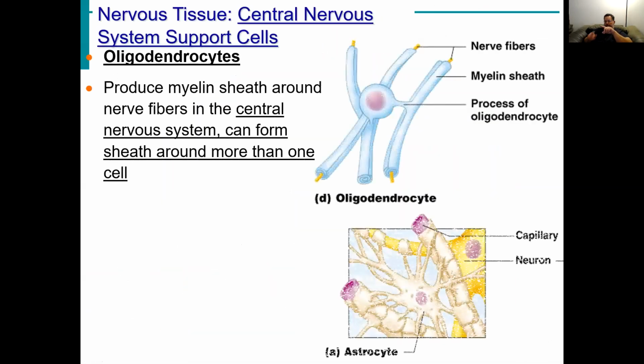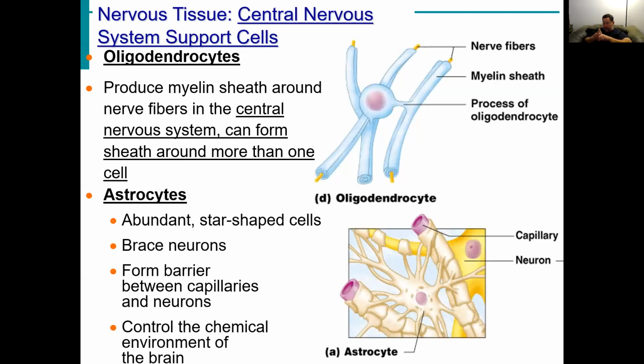Now, myelin sheath, as I mentioned before, is made of Schwann cells, but it's not just Schwann cells. Myelin sheath can also be made up of another group of glial cells called oligodendrocytes. But this is the big difference.